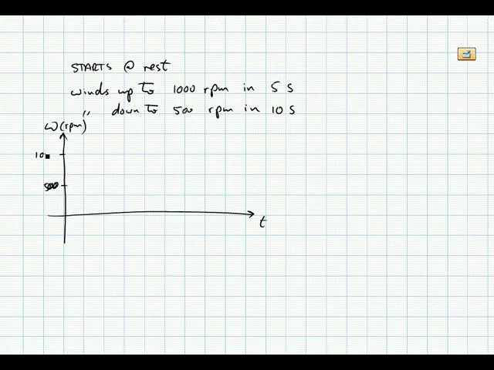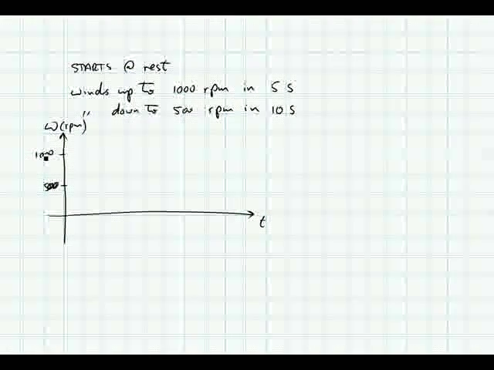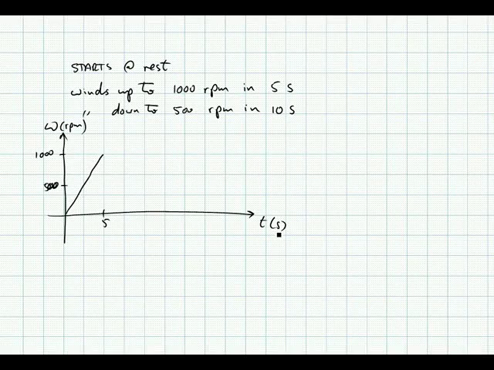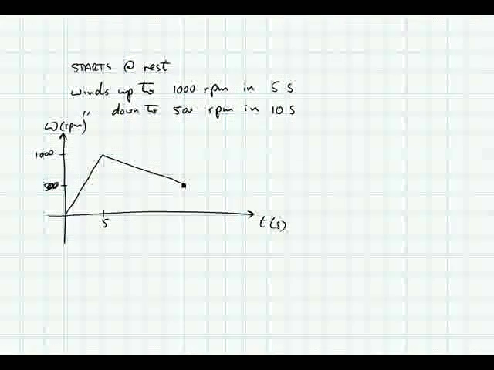So we have 500 here and 1000 here. Our object starts at rest, winds up to a value of 1000 in 5 seconds, and then winds down to 500 in twice the time. So it winds down like that, right?